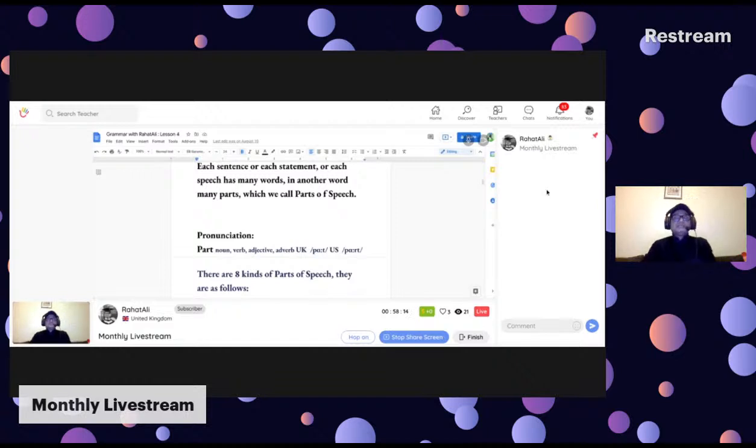Oh, that's fascinating. The word part can be a noun. I should say basically not can be, maybe. The word part can be a noun, verb, adjective, or adverb depending on the usage.